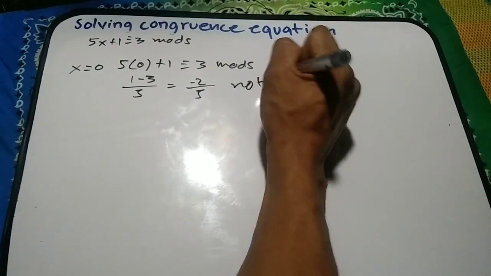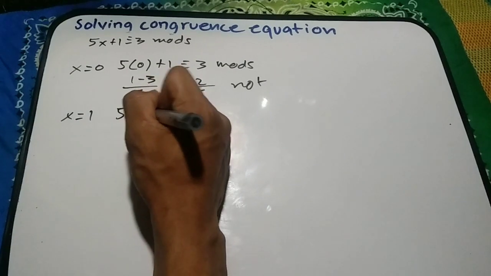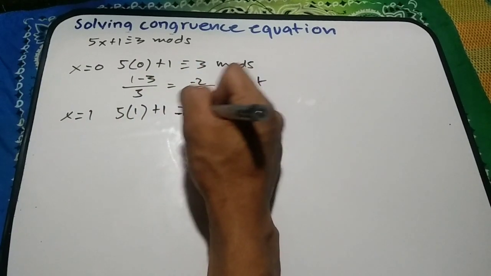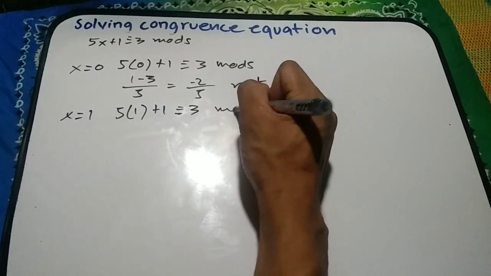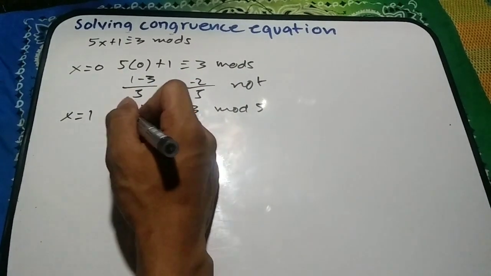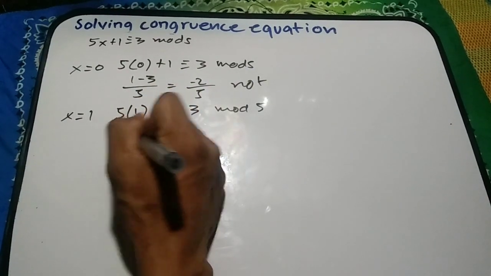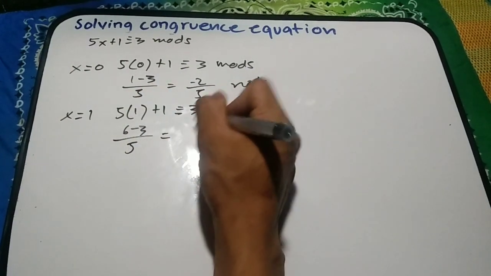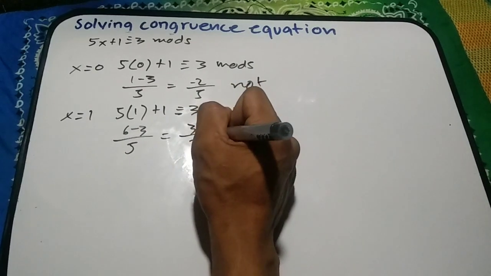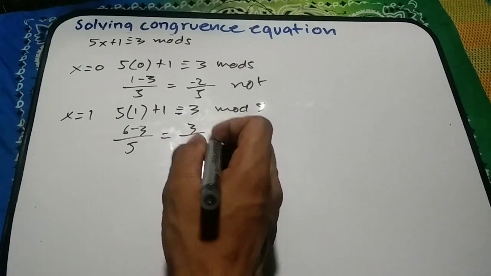So not a solution. x equals 1: 5 times 1 plus 1 congruent to 3 mod 5. 5 plus 1 is 6, minus 3 over 5 equals 3 over 5. Not a solution either, because this is not a whole number.